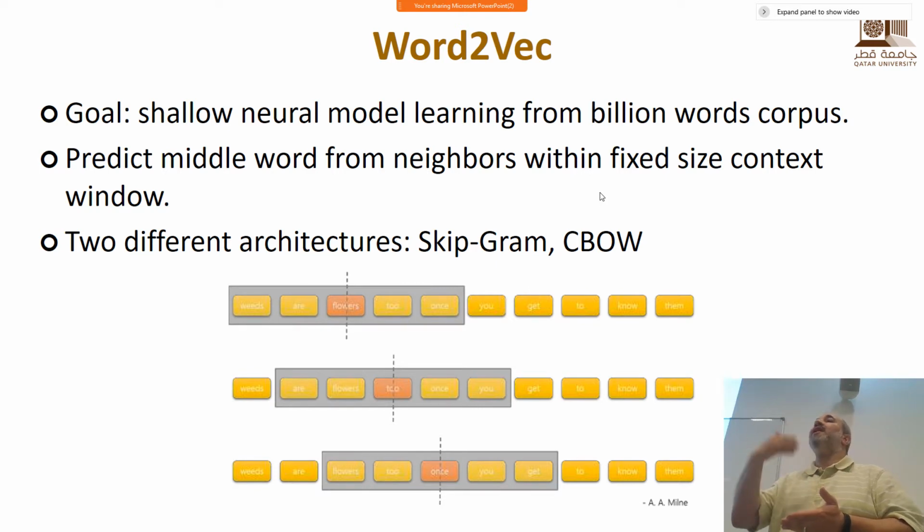And that will provide the examples that we will use for training the model, Ya Ahlam and Khawla. Okay? So you will see how we can use these windows to generate training examples that the neural model can learn from to get the embeddings.